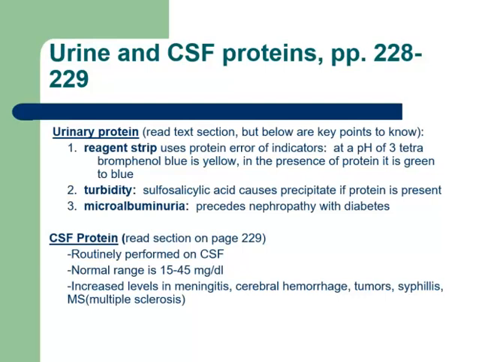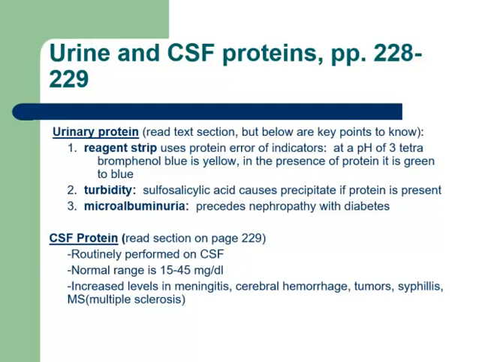We can also test urine and cerebrospinal fluid for proteins. In our urinary testing, of course, we can do the reagent strip test to test for proteins. If proteins are positive or present, the reagent strip is going to turn from a yellow to a blue-green color. We can also do a visual inspection of our urine cup and look to see if there's turbidity in the urine.